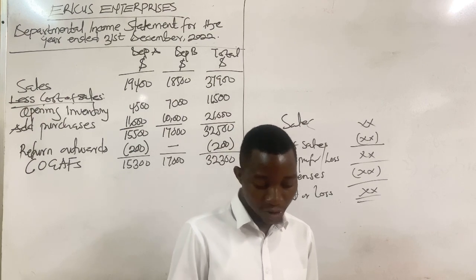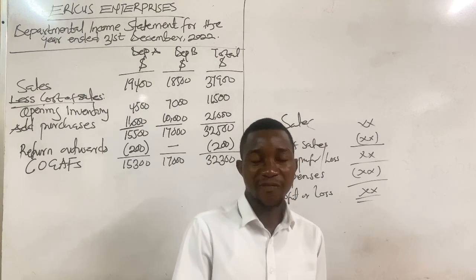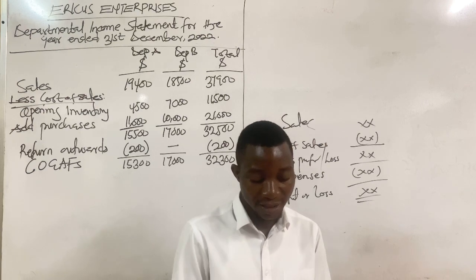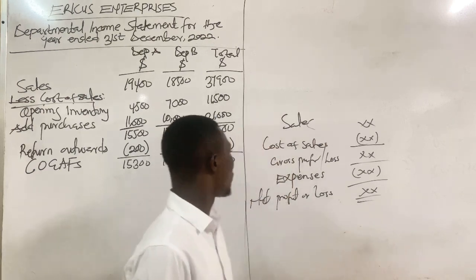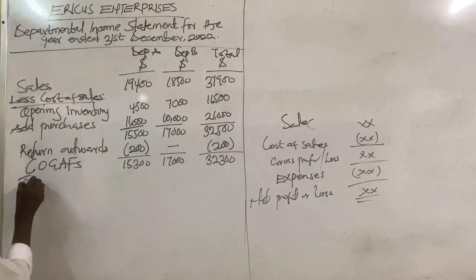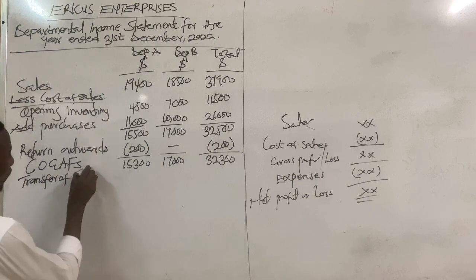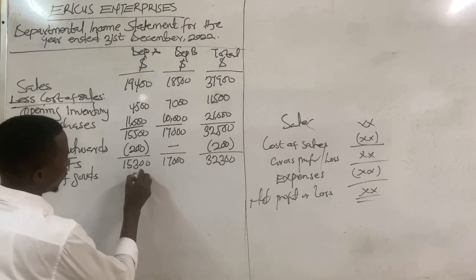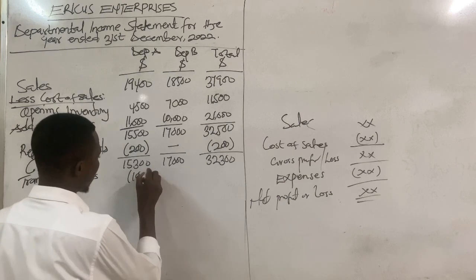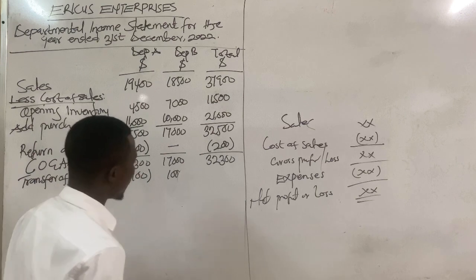Okay, if it is at selling price, the question should have told us there should have been a profit margin on the cost of the goods, but it is at cost. Okay, so transfer of goods, an amount of 100. Okay, so A transfers to B 100.